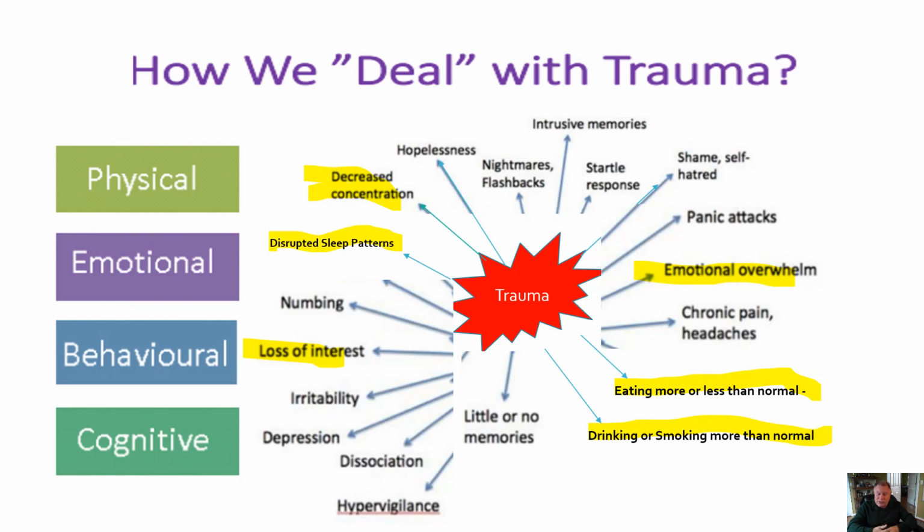Decreased concentration, disrupted sleep patterns, loss of interest, maybe a little irritable, maybe we're overwhelmed with a lot of things. Maybe we're eating or drinking more or less than in the past. So this is how we're dealing with it. This is what you're going through now. Just take a look. Which one of these have impacted you?